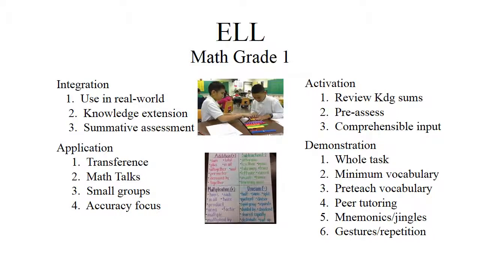So, especially for ELL, you want to assess that math vocabulary knowledge. And you can do that by a simple thumbs up or thumbs down if they can identify a fact family, or thumbs up or thumbs down for symbols like add or equals.